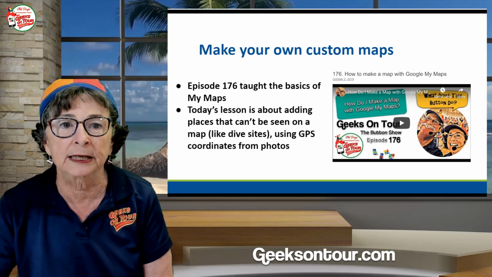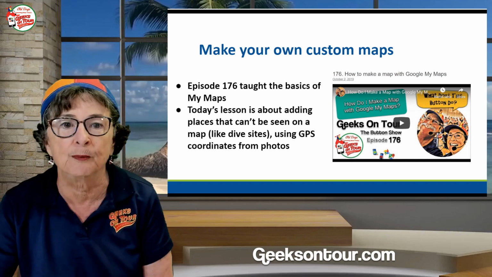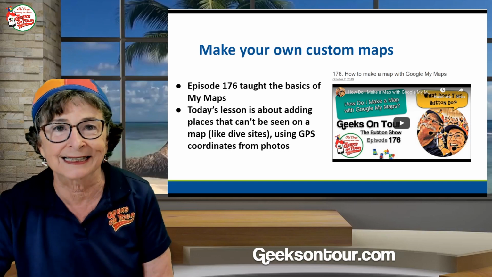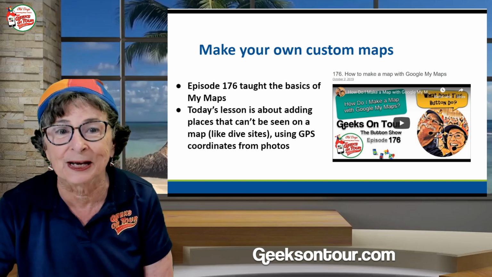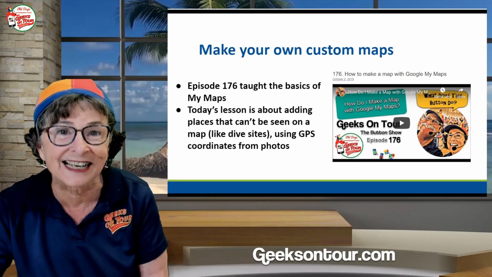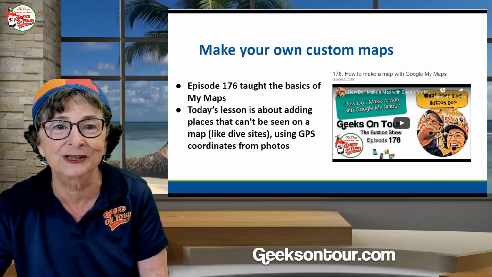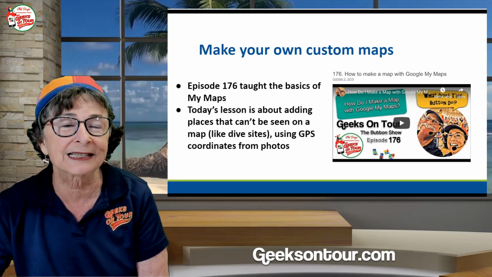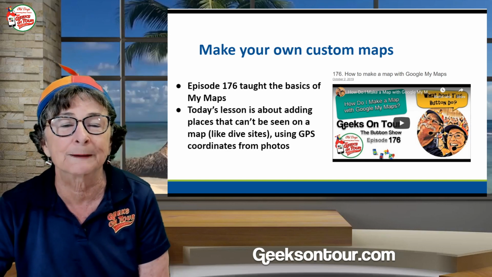We also taught in episode 111 about adding photos to map markers. Today's lesson is about adding places that can't be seen on a map, like dive sites. How do you mark a dive site in the middle of the ocean? You need GPS, and we'd get it from a photo, and that's what we're going to be showing you today.